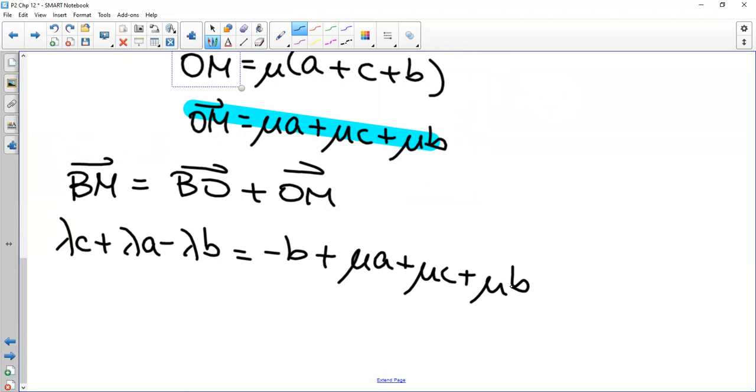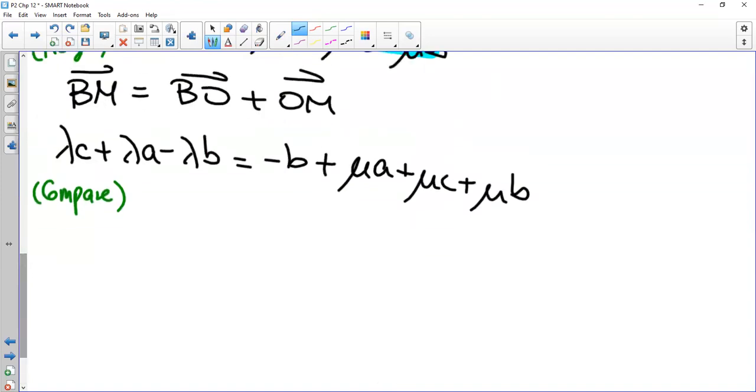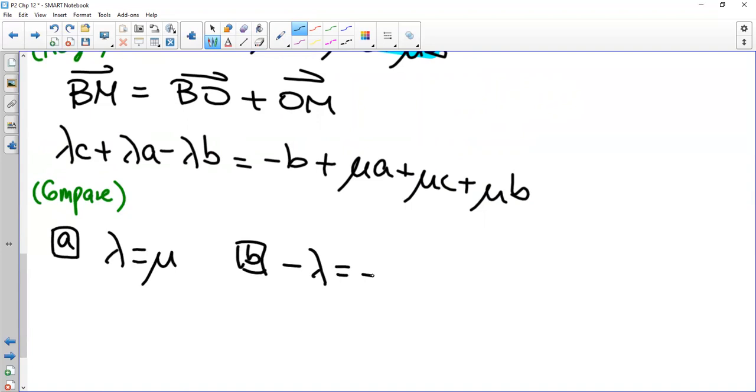So there are 3 variables in here. What should we do? Well, one by one, compare coefficients of A, B, and C. So this is that about merging, and then we're going to compare coefficients. So we compare A, you will see lambda equals mu. If we compare B, a bit more interesting, negative lambda equals minus 1 plus mu.